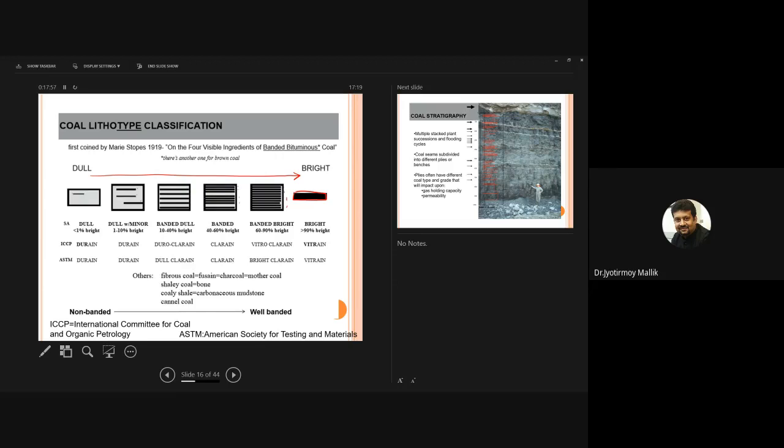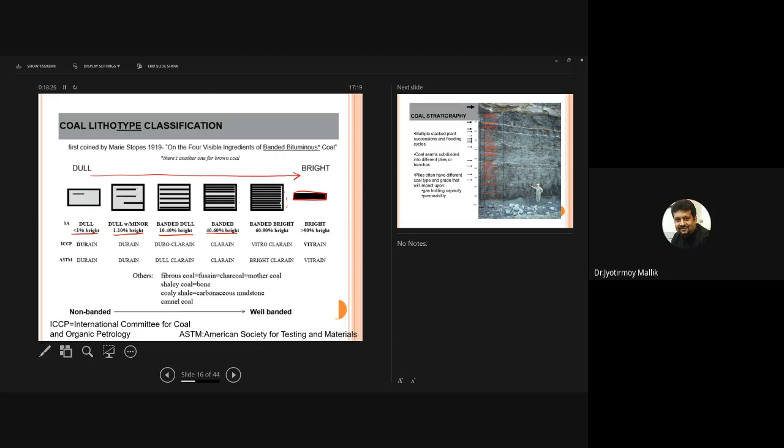By that nomenclature, you can call the coal dull coal where less than 1% bright band is present. Then dull minor, with 1 to 10% bright band. Banded dull, 10 to 40%. Banded, 40 to 60%.